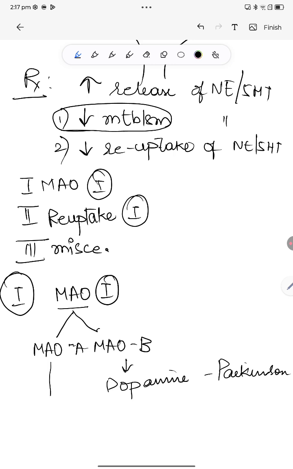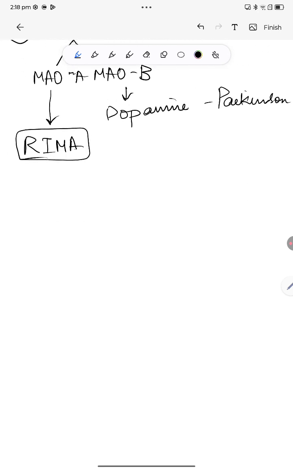MAO-A inhibitors are used in depression, and there are many, but right now we restrict ourselves to RIMAs, that is reversible inhibitors of monoamine oxidase. So, RIMA drugs include moclobemide.